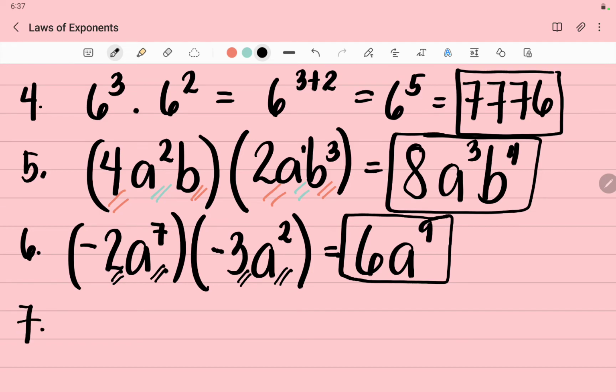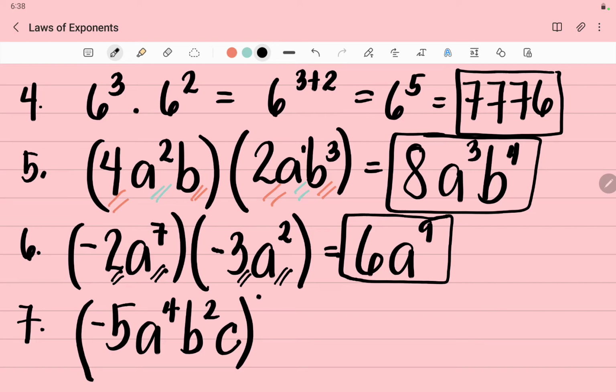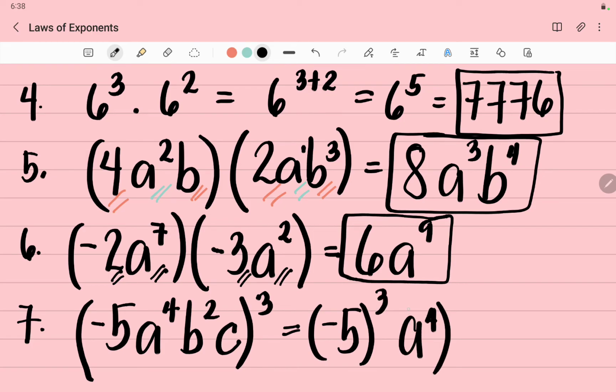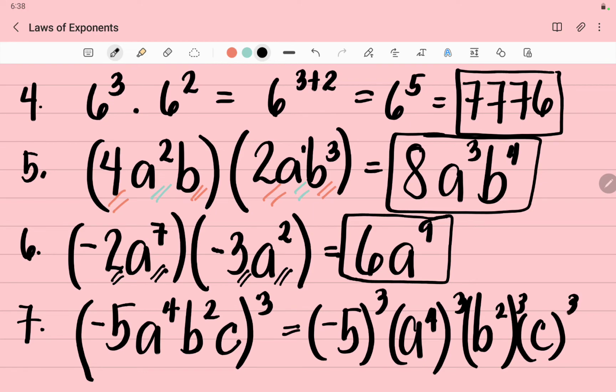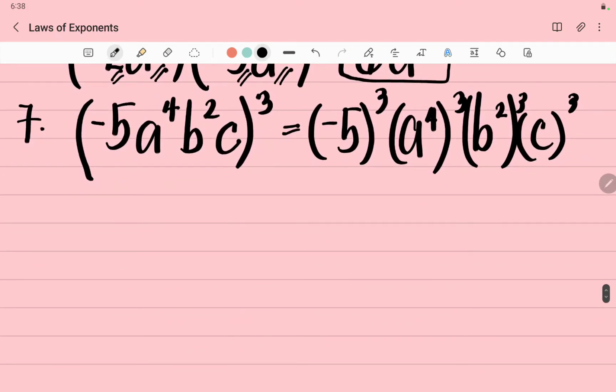Next, number 7. What if we have negative 5 a raised to 4 b squared c, in parentheses, raised to 3? So we have now negative 5 cubed, a raised to 4 cubed, b raised to 2 cubed, and c cubed. Negative 5 times negative 5 is positive 25.